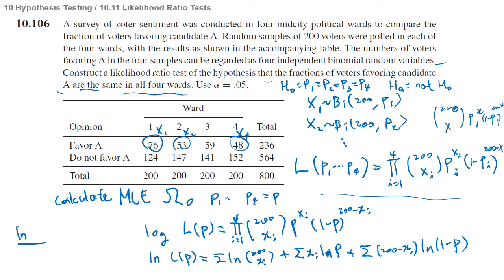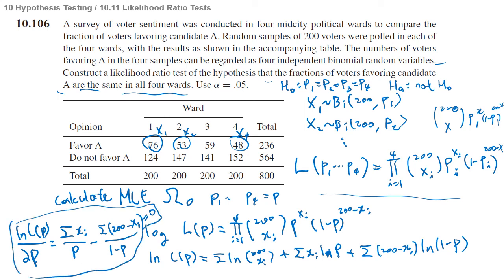So the derivative of ln L(P) with respect to p is equal to the sum of xi divided by p, minus the sum of 200 minus xi divided by 1 minus p, and set this one as 0, and solve it with respect to p.